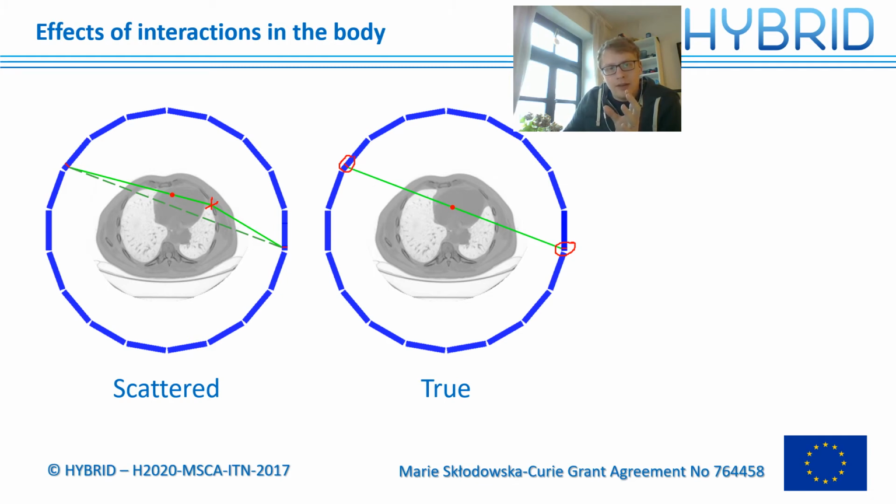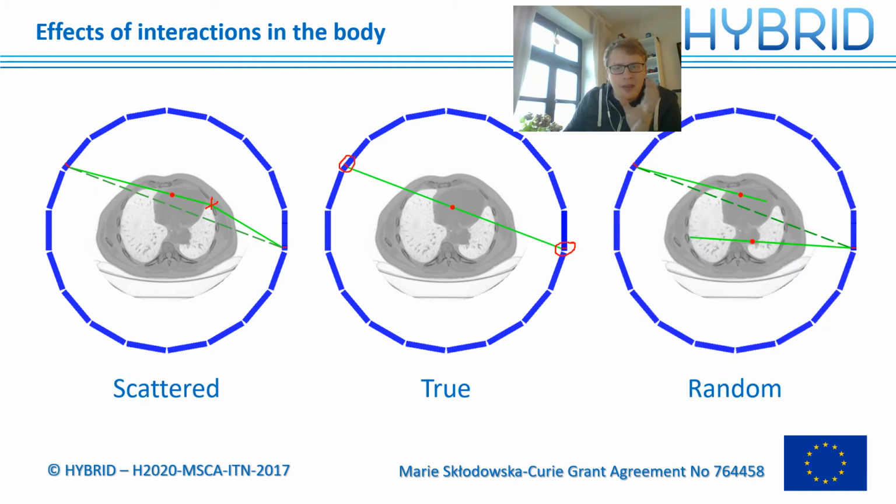And then what we think where the annihilation took place is not where it took place. So here our annihilation is here while we think it is here. And there can be a third thing based on absorption in the patient, like displayed here, but it can also happen that you do not measure two particles from coincidences, and instead measure two particles belonging to different annihilations taking place at the same time.